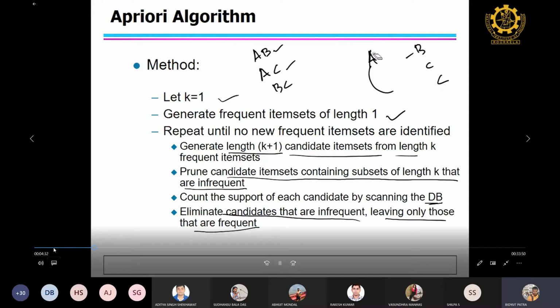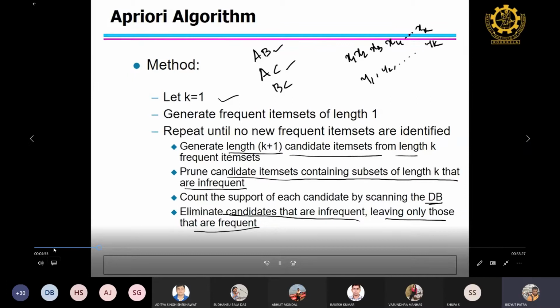What is the meaning of that? Suppose you are merging the item sets x1, x2, x3, x4 up to xk, and similarly y1, y2, up to yk, because both lengths are the same.